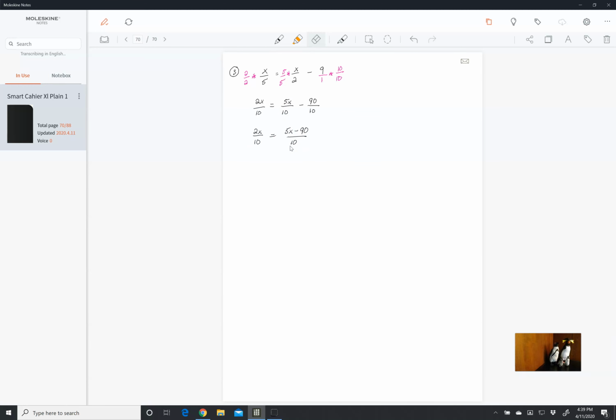I'm going to bring this up here just for space purposes. Now we can say the denominators are equal and the fractions are equal, so we could set the numerators equal to each other. Here we can subtract 5x from both sides.